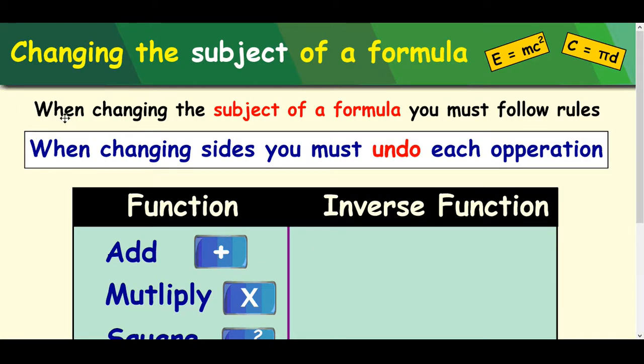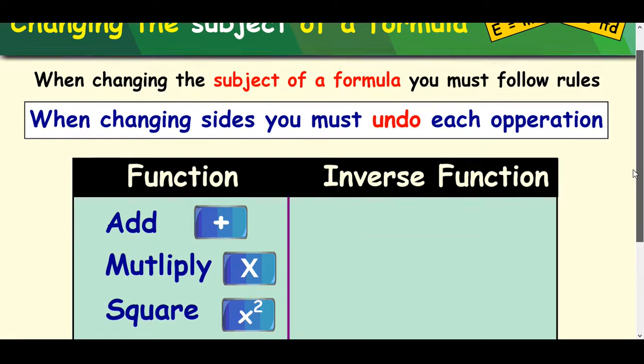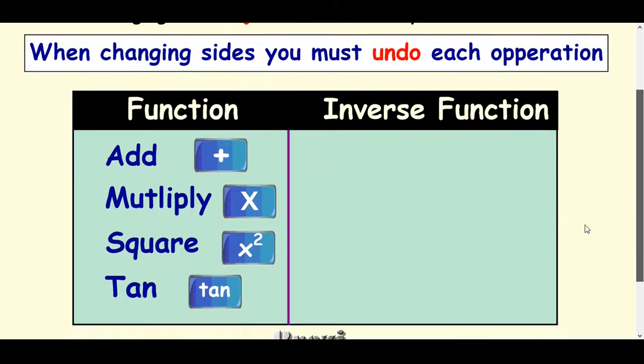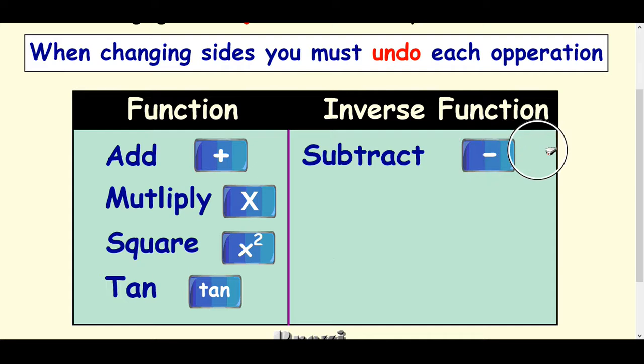So, the rules: when changing sides, you must undo each operation. So, for example, if there's an add there and you're trying to change the subject, you want to change that to the opposite of an add, which is a takeaway, which is very similar to things that happened in algebra when you're doing equations. If there was a multiply, now what's the undoing operation?